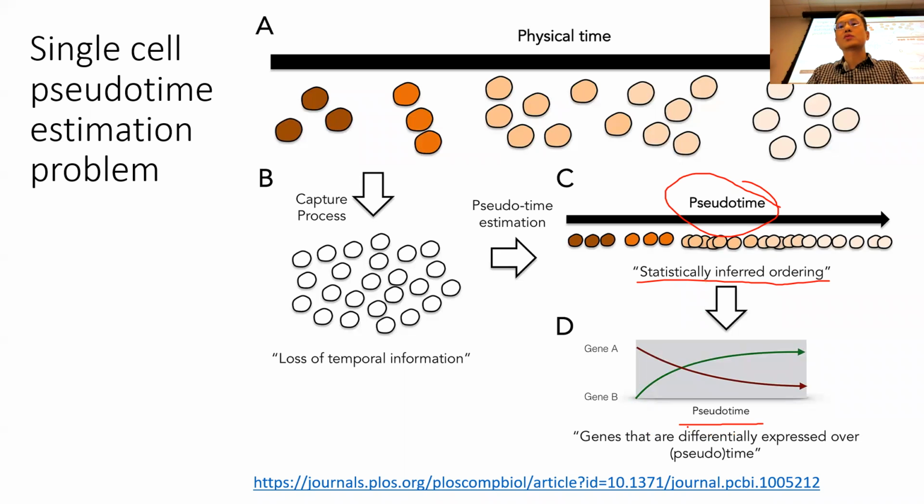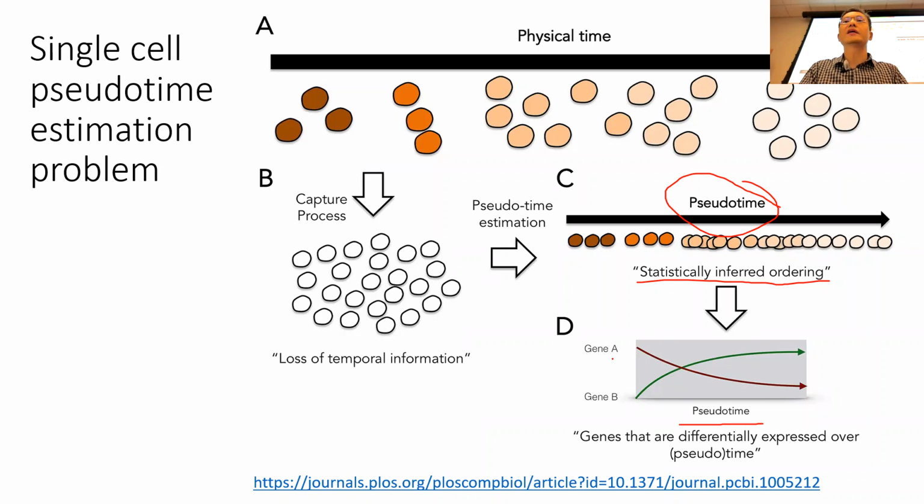So now we use pseudotime as the x-axis to look at the expression of genes among the cells aligned by that order, and you can understand the role of different genes in this process.